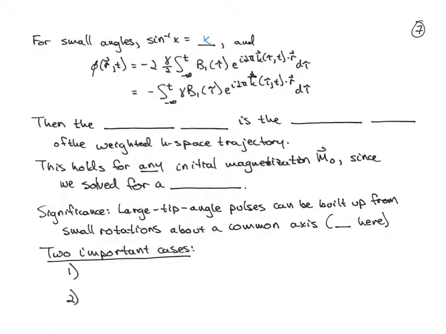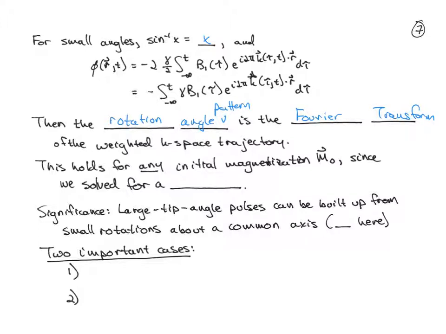So what this means then is that the rotation angle pattern is the Fourier transform of the weighted k-space trajectory.